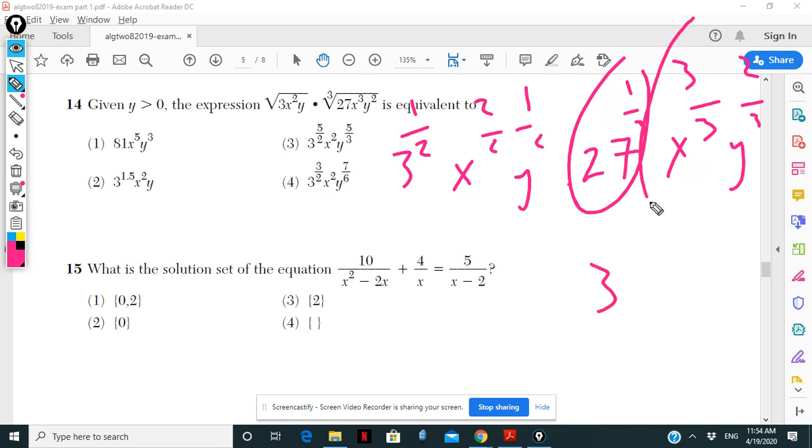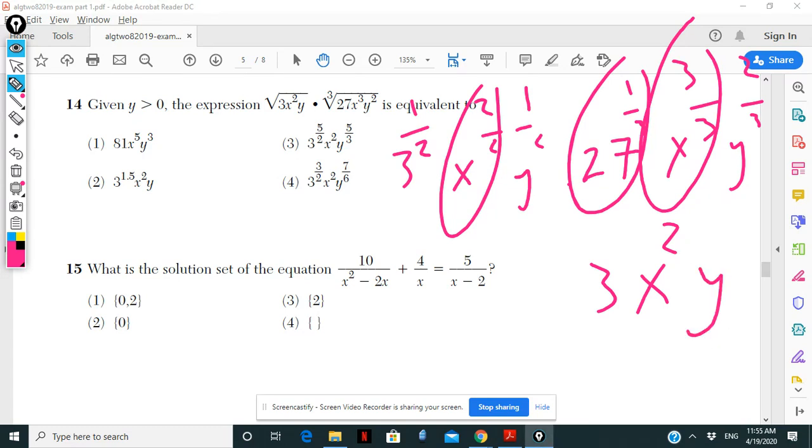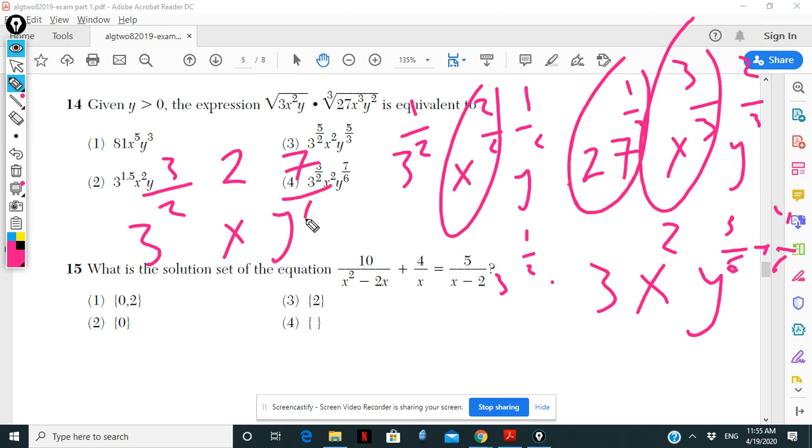Now I'm going to add the exponents of the same bases. So 2 over 2 is 1 plus 3 over 3 is 1, so it's x squared. Now y to the power half plus 2 over 3, so that's 3 over 6 plus 4 over 6, which is 7 over 6. So I got 3 to the power 3 over 2, x to the power 2, y to the power 7 over 6, so the answer is the fourth one.